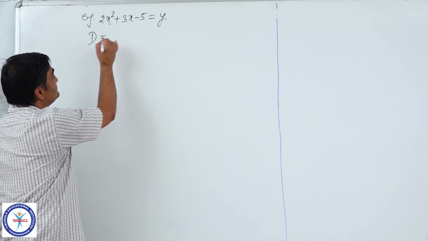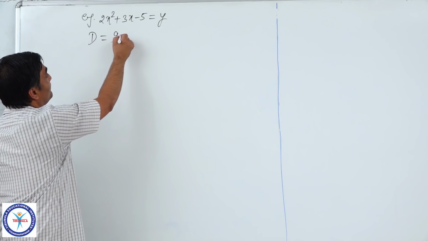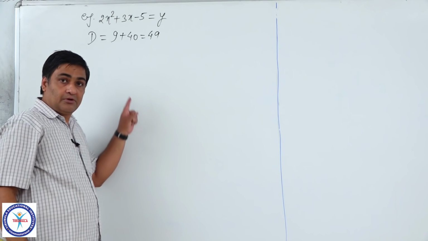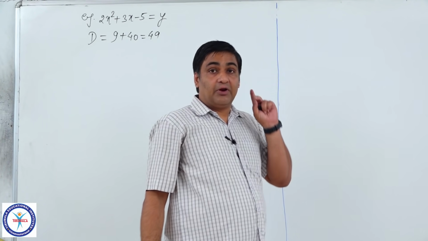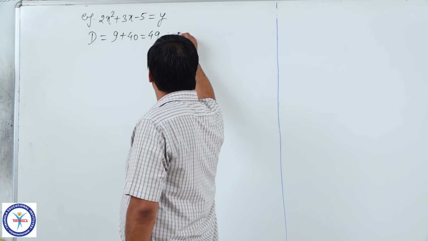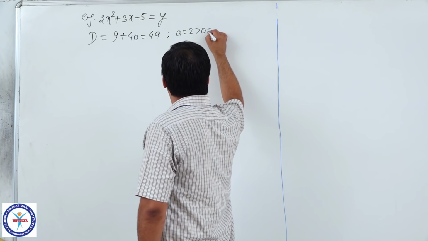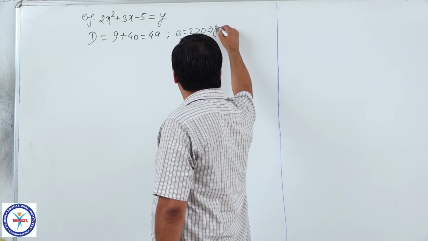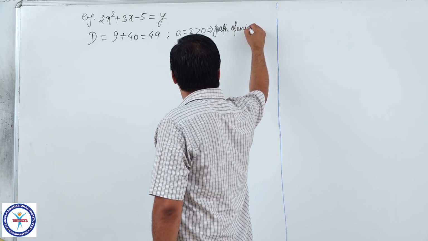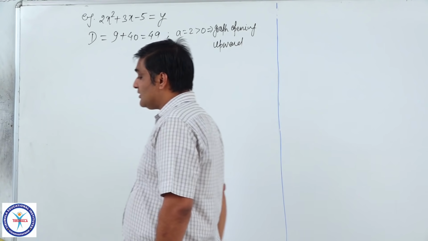D equal to 9 plus 40, 49. First of all, we calculate d, the discriminant. A is 2, greater than 0, means the graph is opening upward. Okay.